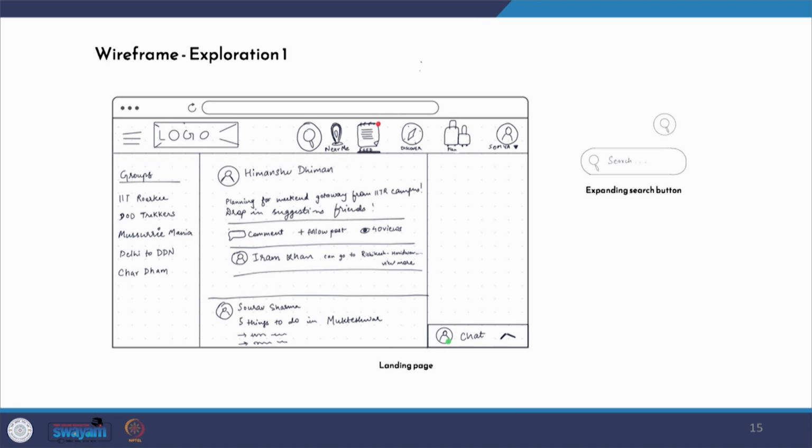So, here in this example we can see that there is a top bar or the header, and the logo will come on the left, then there will be certain buttons for navigation, and then in the middle part we see that there is some communication happening. On the right panel we see there is a chat, and on the left panel we see some other information there. So this is one wireframe which is exploring how the final design may appear.